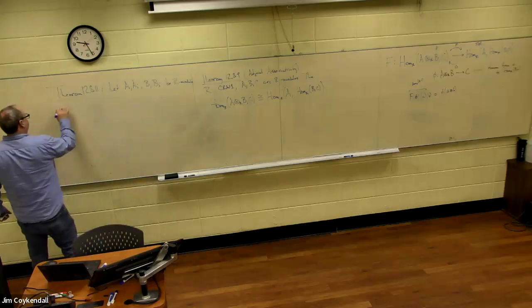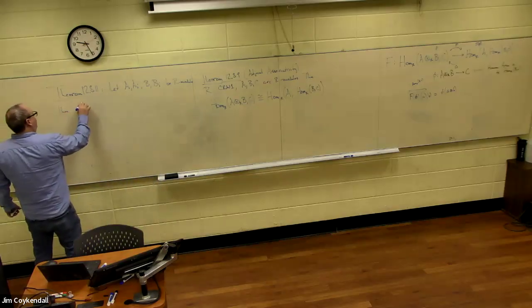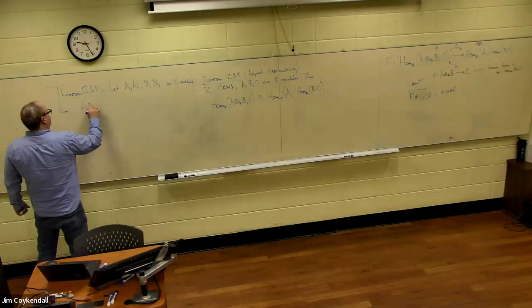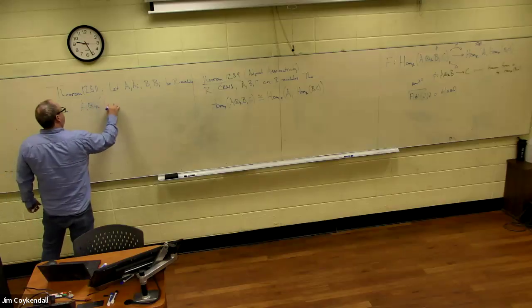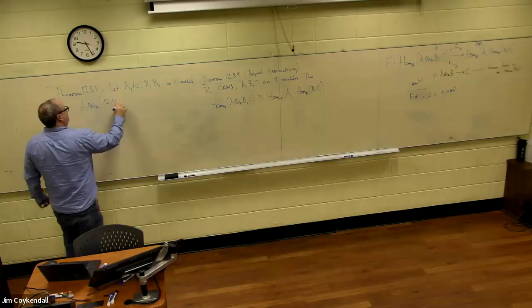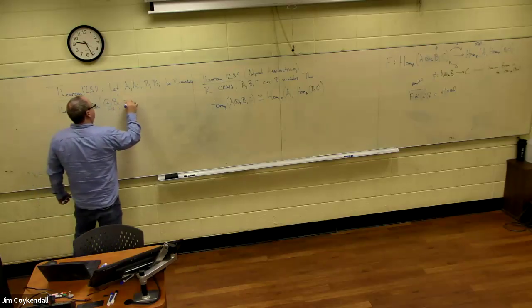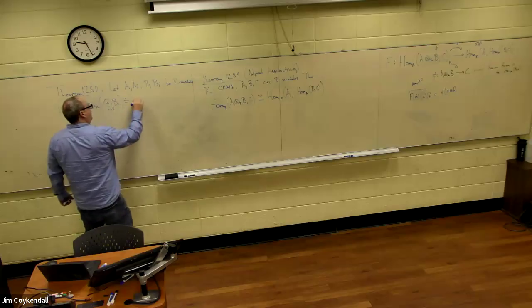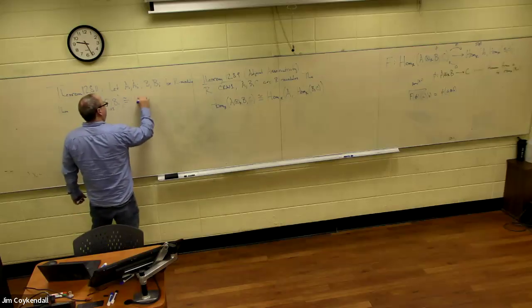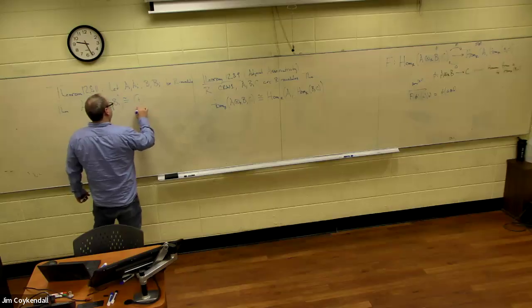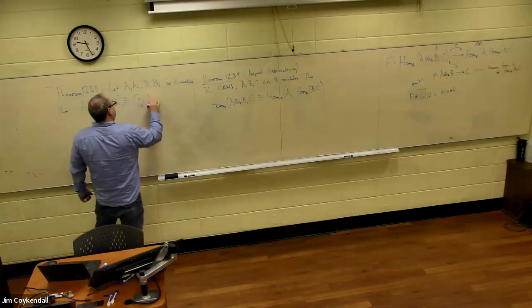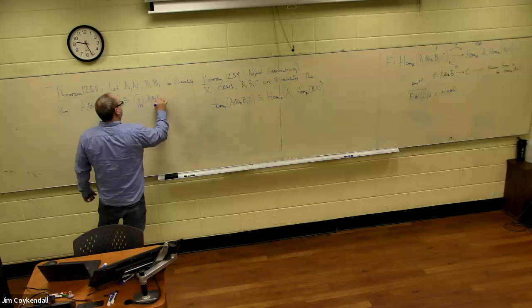Then A tensor the direct sum of B_i is isomorphic to the direct sum of A tensor B_i.